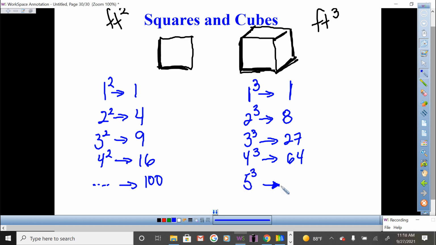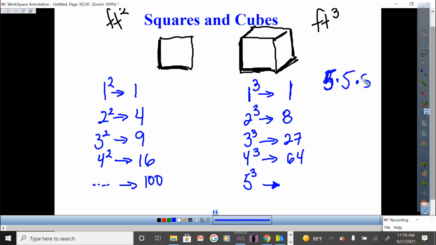So what is 5 cubed? Close. 5 times 5 times 5. 25 times 5. That gives us 125. Is everybody following so far?